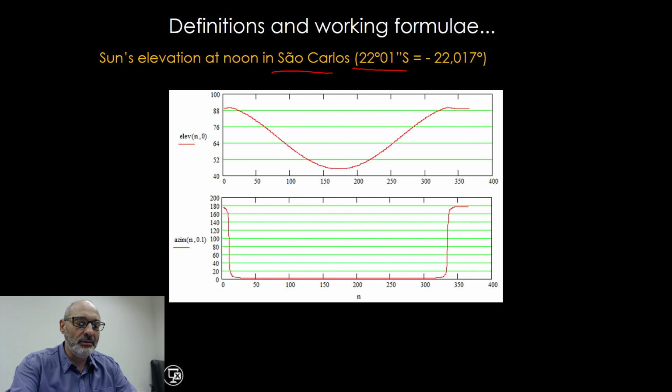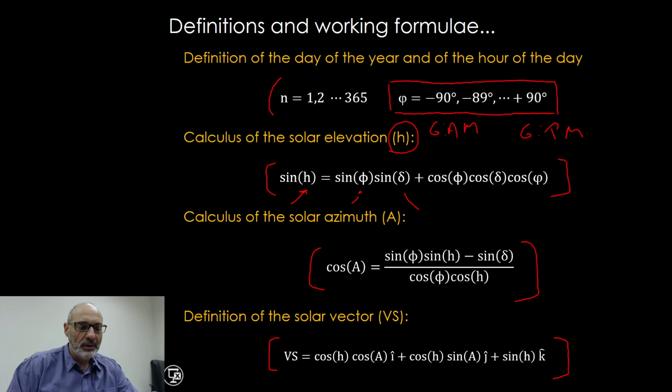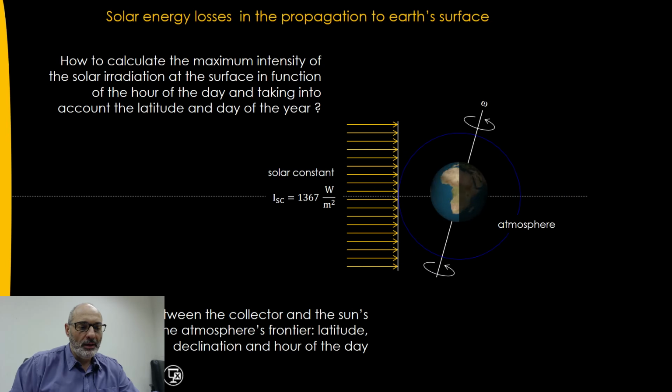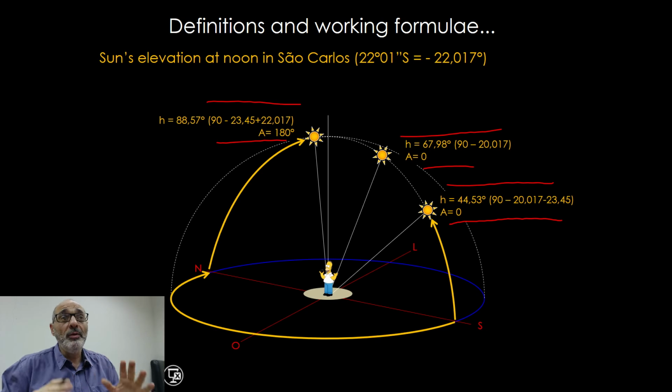The sun varies more; you get to 90 degrees here and here, and then it goes down here. These results all correspond to these two formulas, and this is the position of the sun during the solstice and equinox.